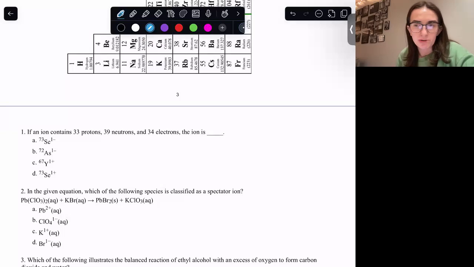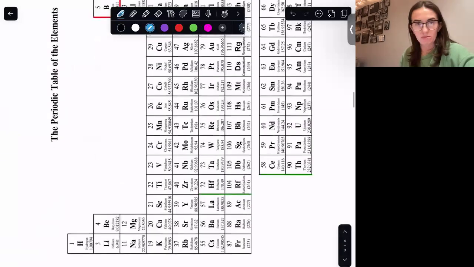You cannot bring your own periodic table. You will be provided a periodic table that you can rip from the front of your exam, and it'll look like this periodic table.